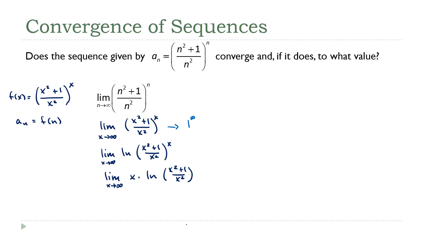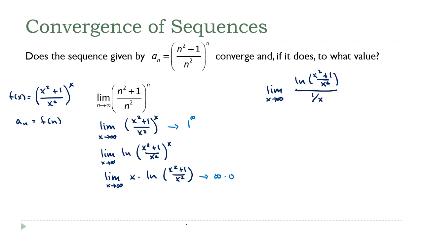All right, now as x goes to infinity, this is going to become infinity times the log of 1, which is 0. All right, so I can make this into an indeterminate form by rewriting it as the limit as x goes to infinity of the log of x squared plus 1 over x squared, over 1 over x.